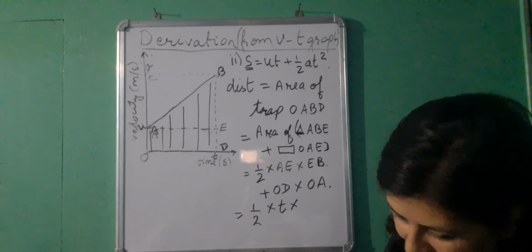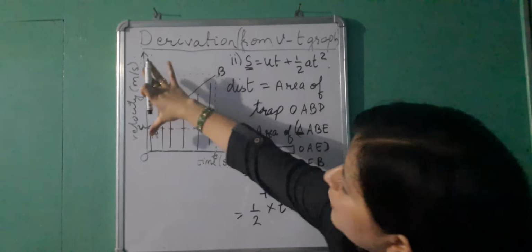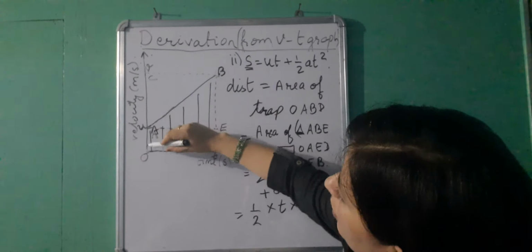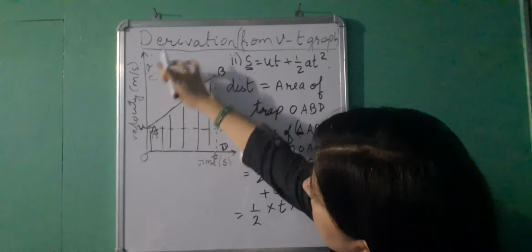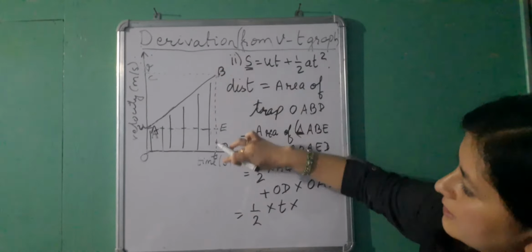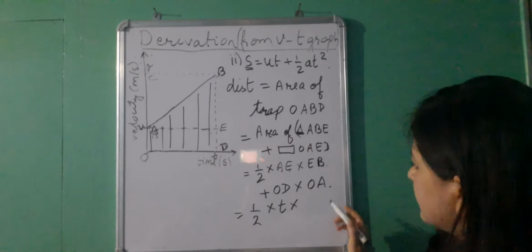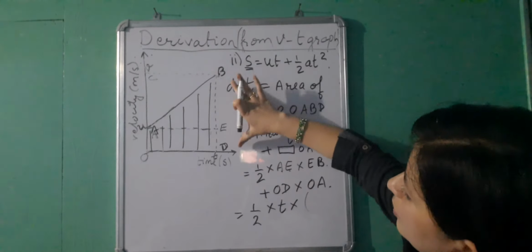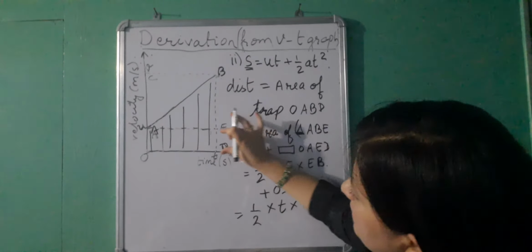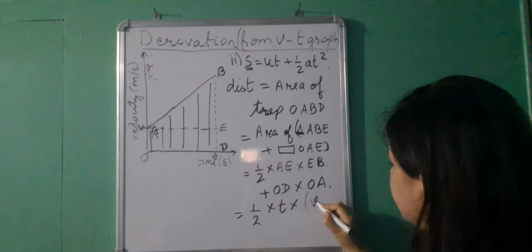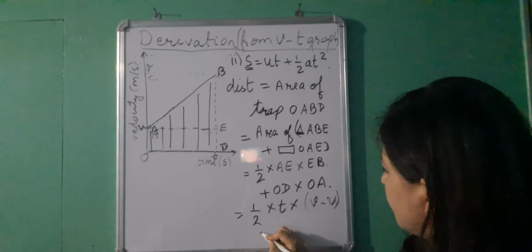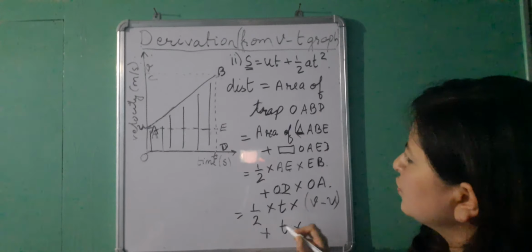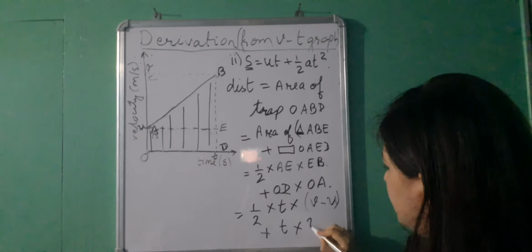EB is nothing but this V minus U. Like we have taken AC as OC minus AO, this side is a parallel side, they have the same length. So EB, this is total, that is V, minus this short length, that is U. So we can write V minus U plus OD. What is OD? It is again equal to T into OA. OA is nothing but U.